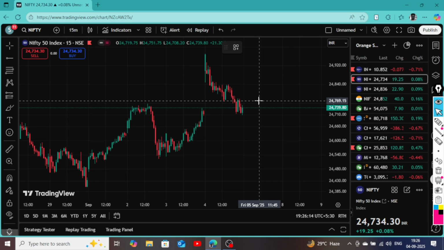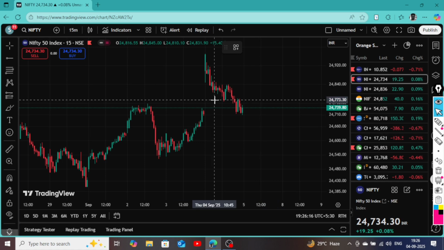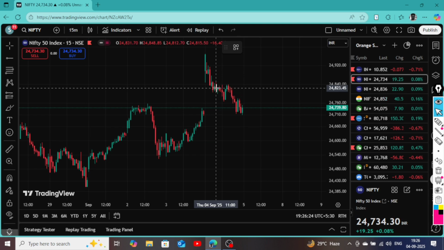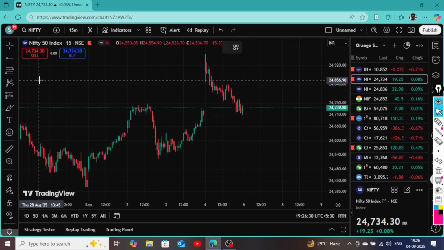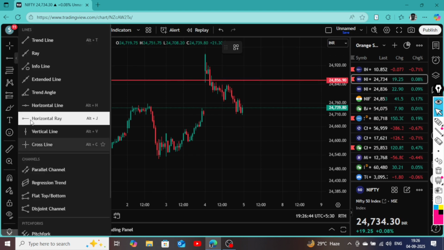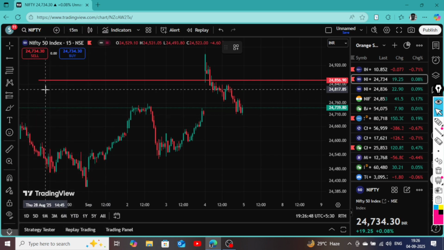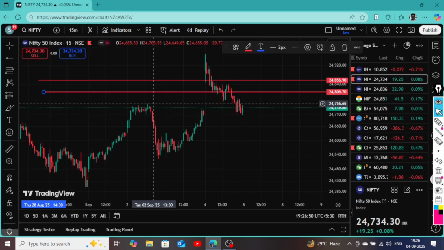So, suppose Nifty gaps up and moves near 24,850, that's this zone, but then a 15-minute candle closes below 24,800. 24,800, that means this zone.